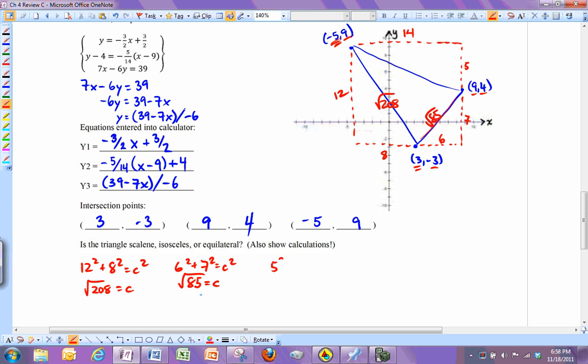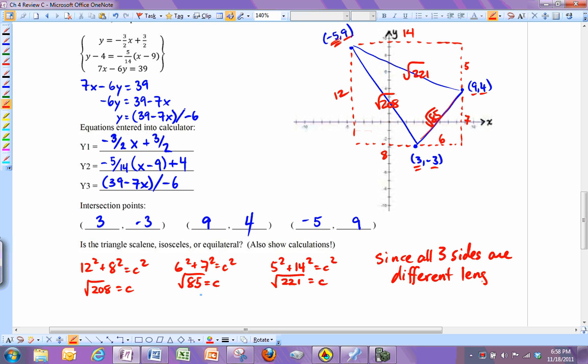And if I do 5 squared plus 14 squared equals c squared, that's 25 plus 196, which comes out to 221. So this side's root 221. Since all three sides are different lengths, to be more specific, the triangle must be scalene.